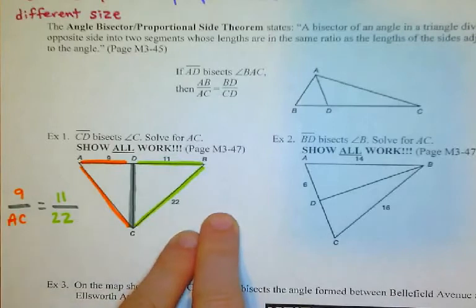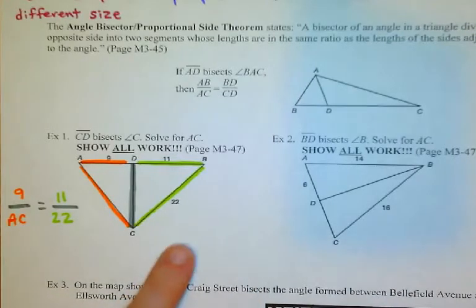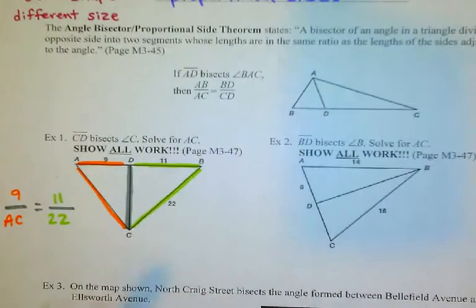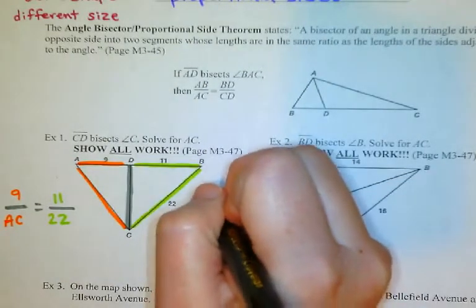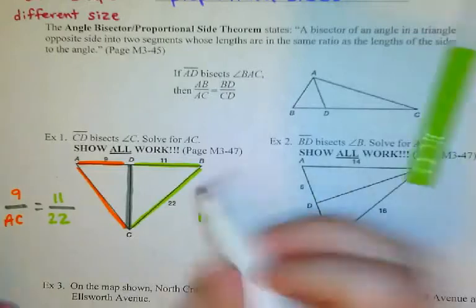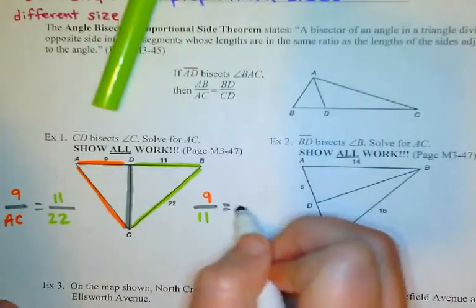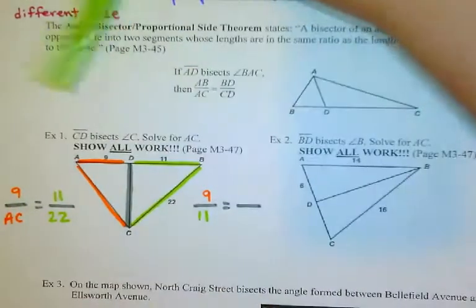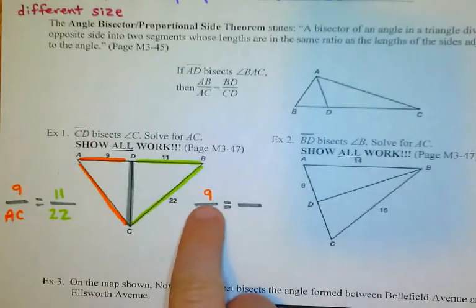If we wanted to set it up differently, you could also set it up as 9 over 11. Alright, 9 and 11 are adjacent to each other, so you can set it up as a proportion 9 over 11, and that means your other proportion would have to be what matches with the 9?